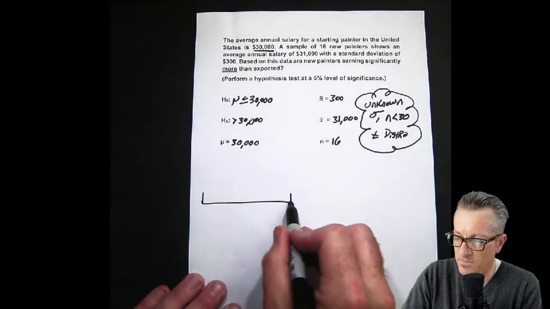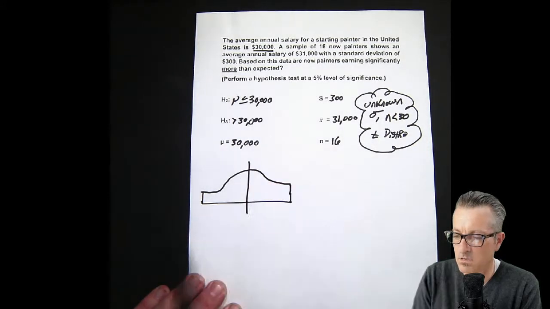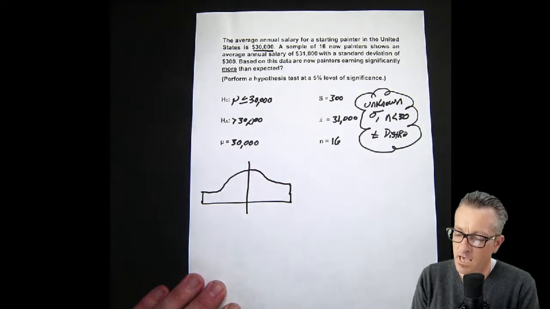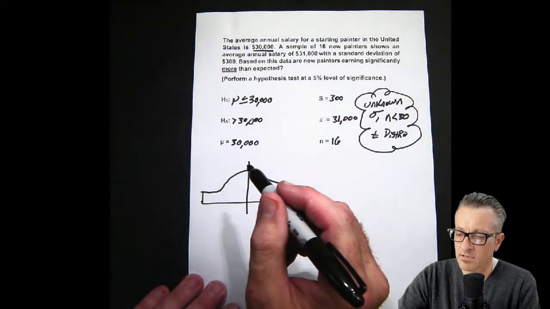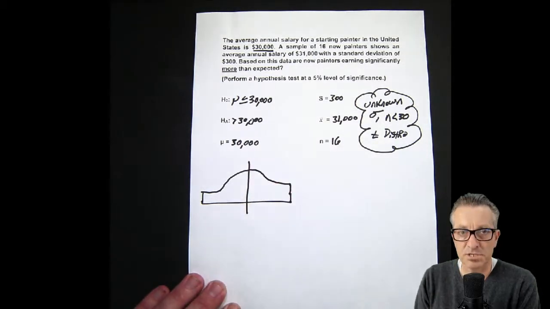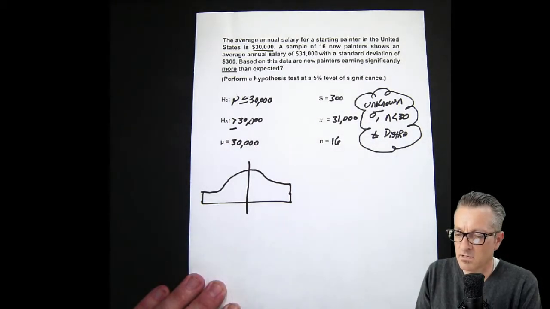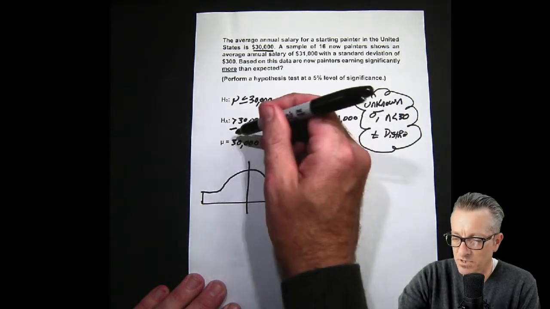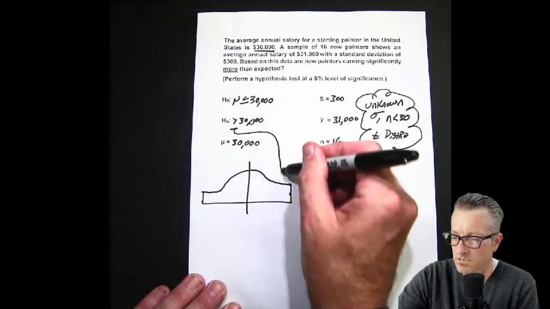I always recommend doing this. Now what we want to do is identify the area that is our rejection zone, and our alternative hypothesis is always pointing towards the rejection zone, or area of interest, which is what I also call it.